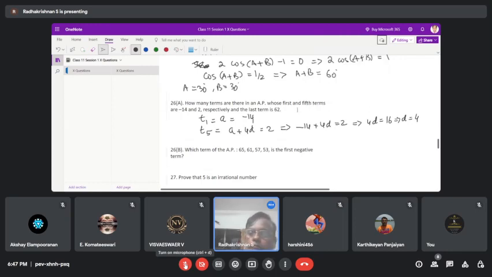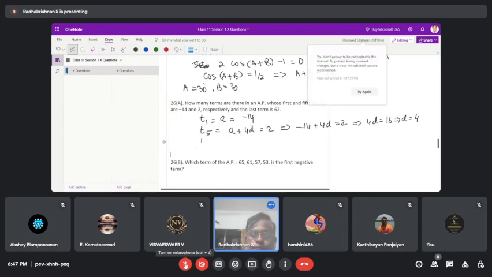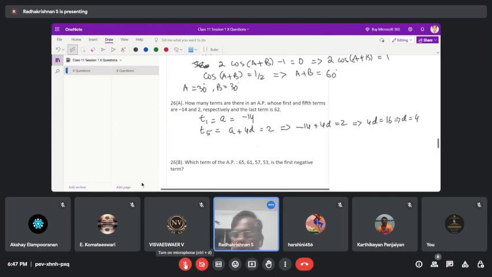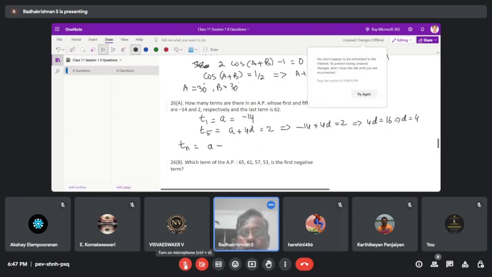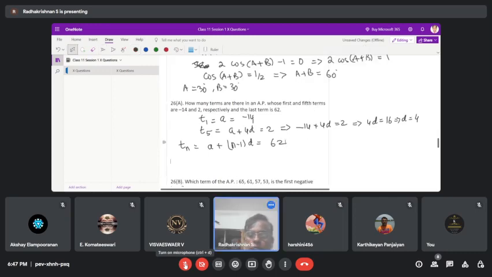Now Tn is 62. So what is the formula for Tn? A plus n minus 1 into D. So now solve for n. You know A and D now. Okay. So minus 14 plus n minus 1 into 4 equals 62.